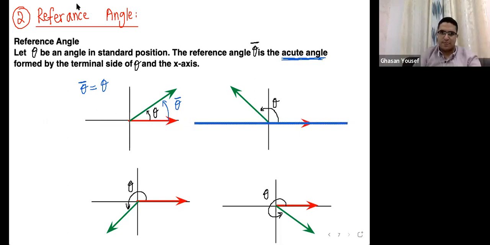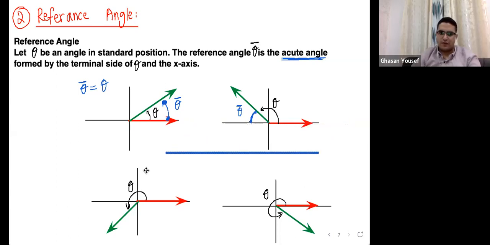So this is my x-axis, and the acute angle between the terminal side and the x-axis is this. This is my acute angle. So this is my reference angle here.